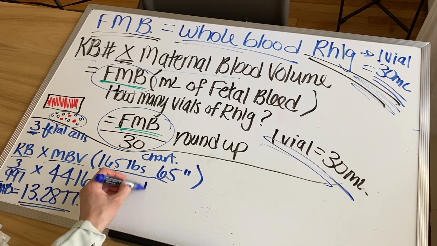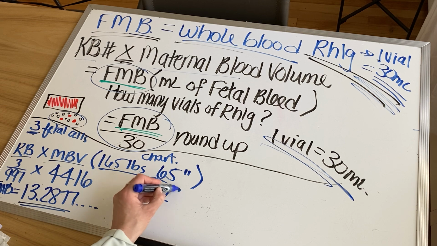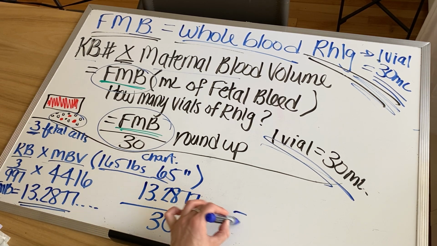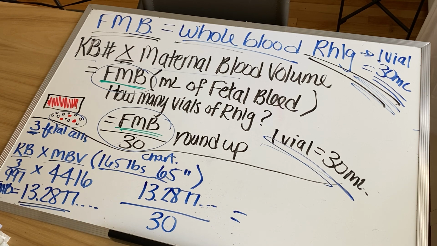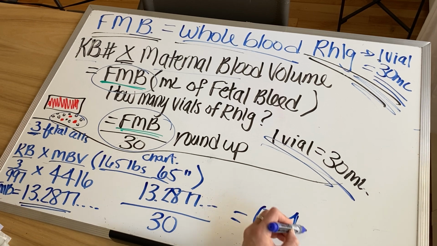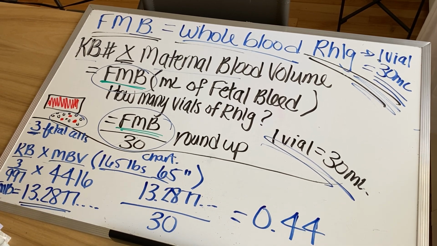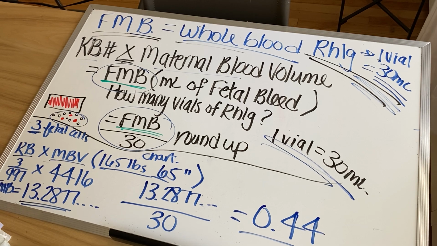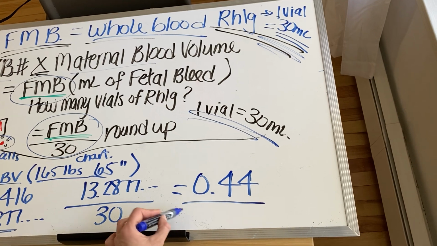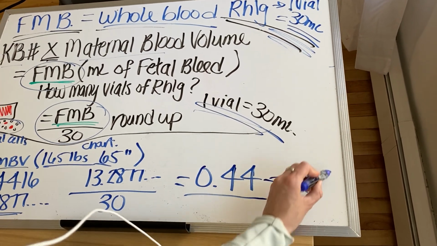So 13.2877 divided by 30 equals 0.4429. If it's not a whole number, we round up to a whole number. So if we round this number up to the next whole number, it's going to equal 1 vial.